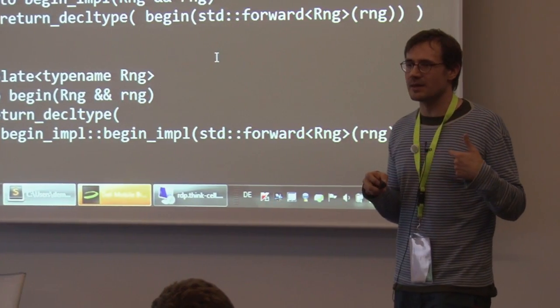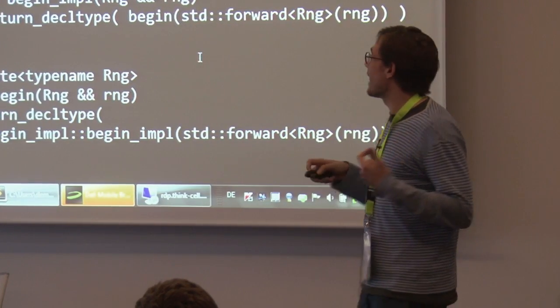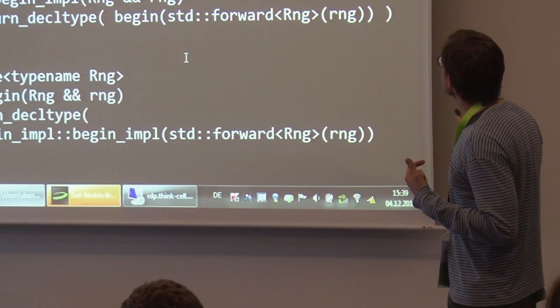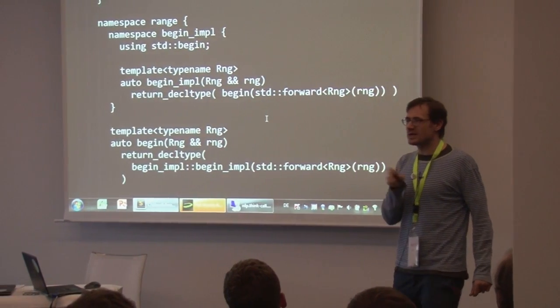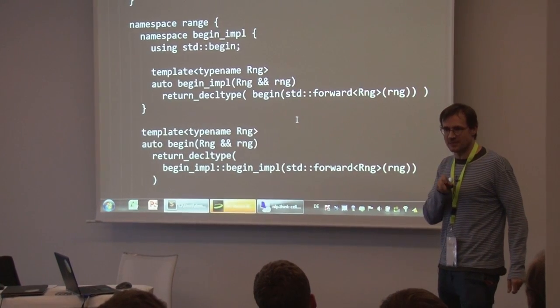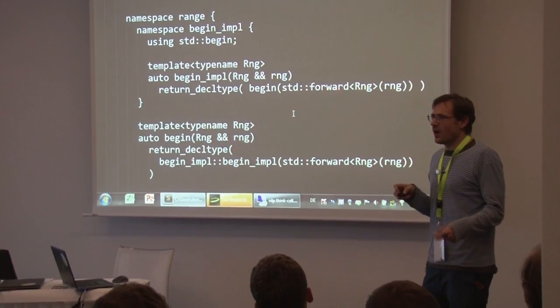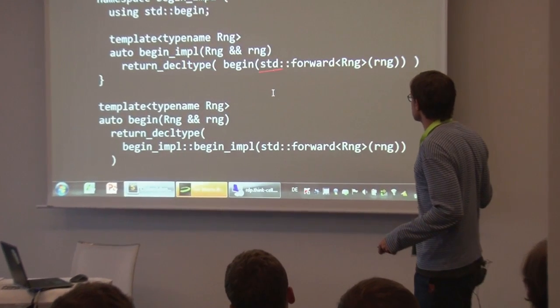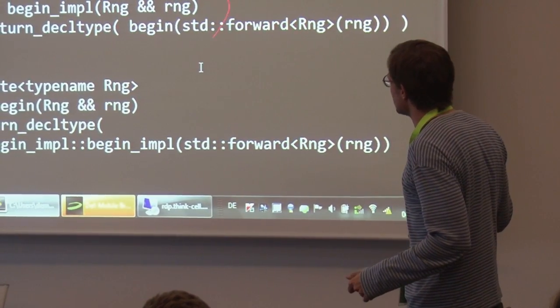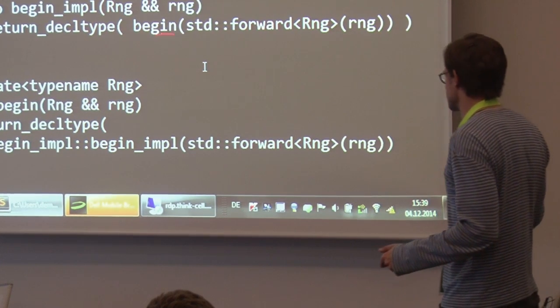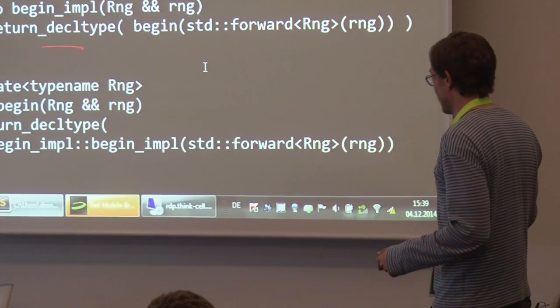This has gone a bit out of fashion because we now have decltype to actually figure out the type yourself. So often you don't really quite know what the return type is, and you just want to say, just pretend I'm not there. Just like here I did the perfect forwarding. Now pretend I'm not there and just return whatever this returns, the same thing.